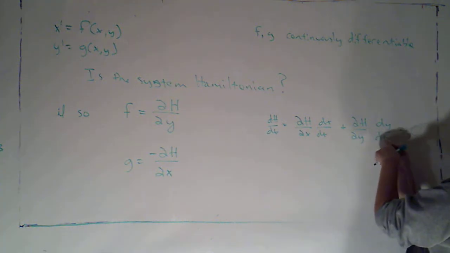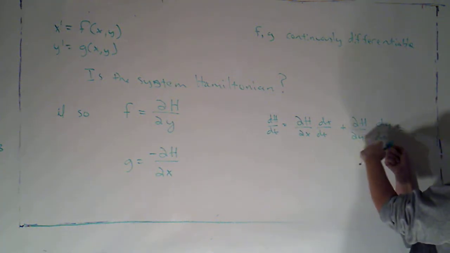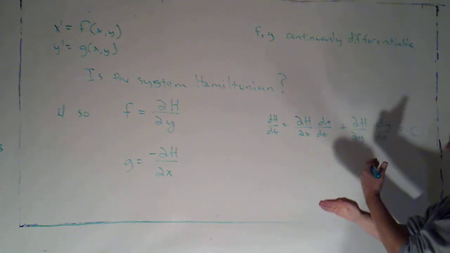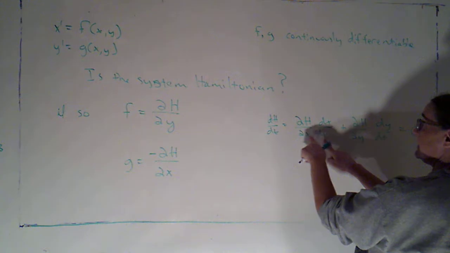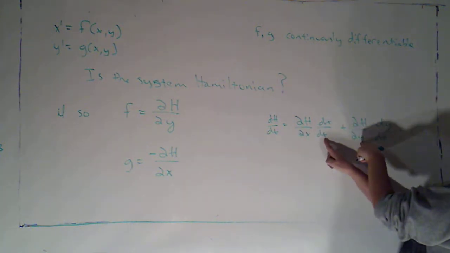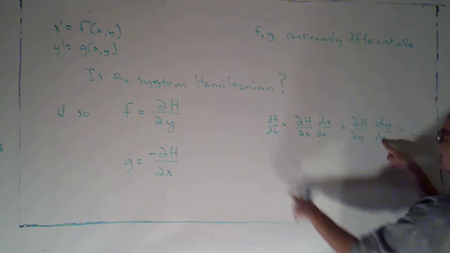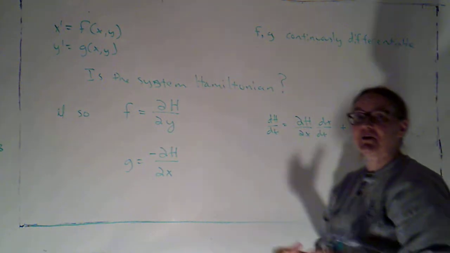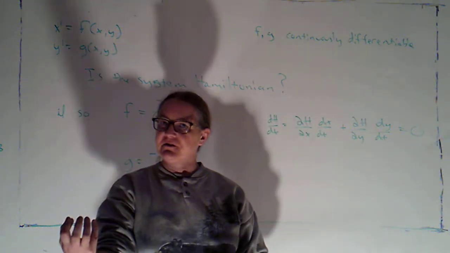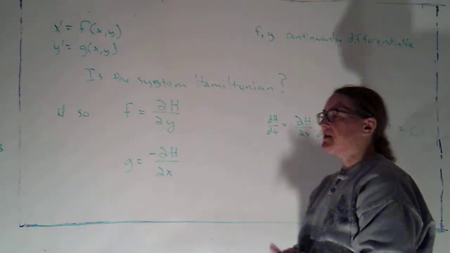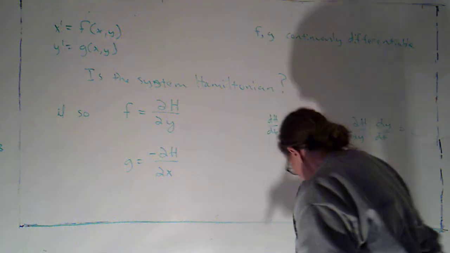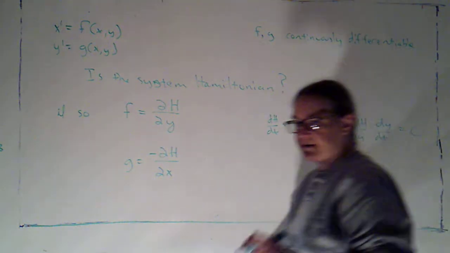And if this was the partial of h with respect to y, I'd be squaring that. The only way I'd get 0 is if everything was 0. What I want is that since I'm multiplying this by the partial of h with respect to x, I want it to be this factor here, and I want this to be the opposite of that factor there, so that in each term that I get from the chain rule, I get one factor of the partial of h with respect to x and one with respect to y. Okay, so if it is Hamiltonian, I have this.